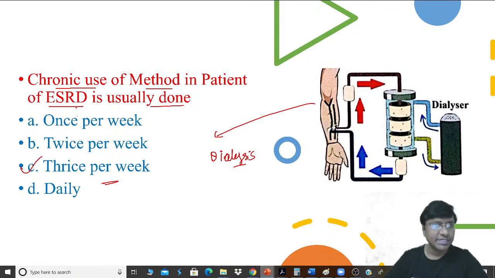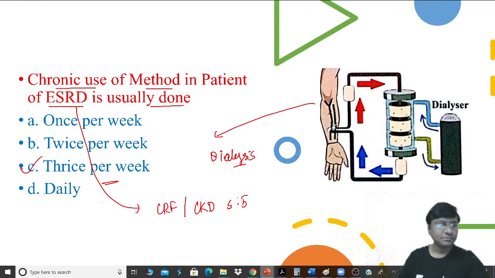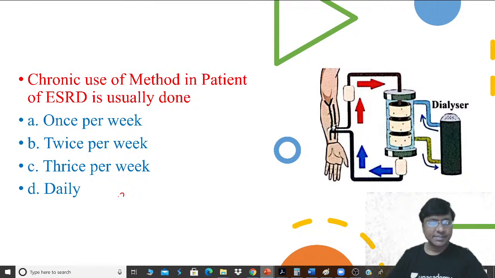End-stage renal disease comes under chronic renal failure, or CKD stage 5. We classify CKD stage 5 into two types: CKD stage 5D and CKD stage 5T. CKD stage 5D is where the patient is on dialysis.